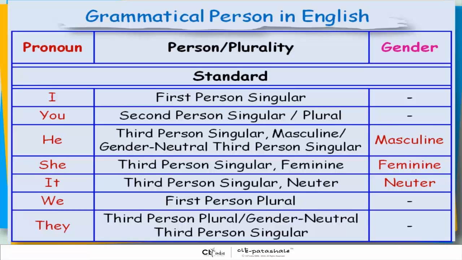She is also a third person singular and the gender is feminine. It is a third person singular, and the gender is neuter. We is a first person plural and they is a third person plural and the gender is neutral.